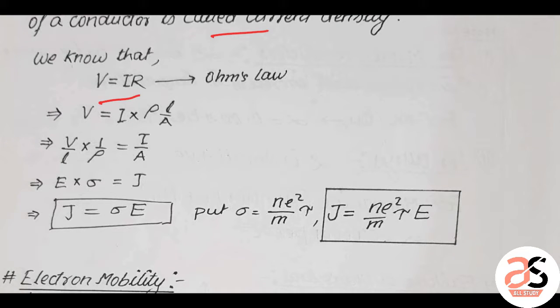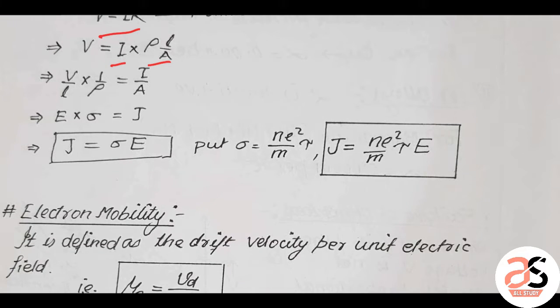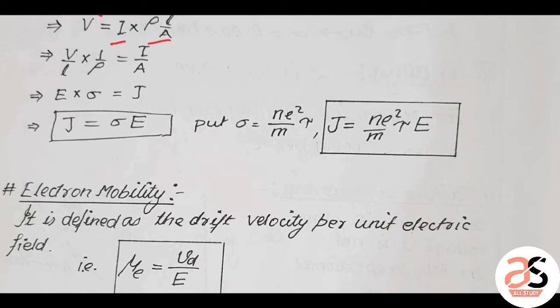We know that by Ohm's law V equals IR. So this is I, and R can be written as rho L by A. So here V by L is the electric field, 1 by rho is the conductivity, and I by A is the current density.